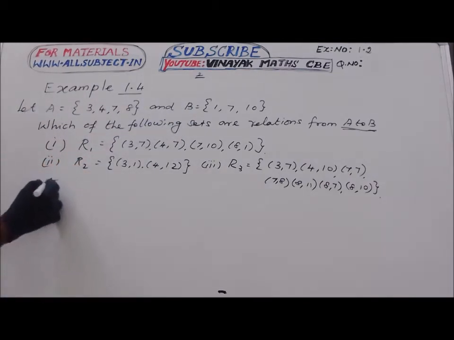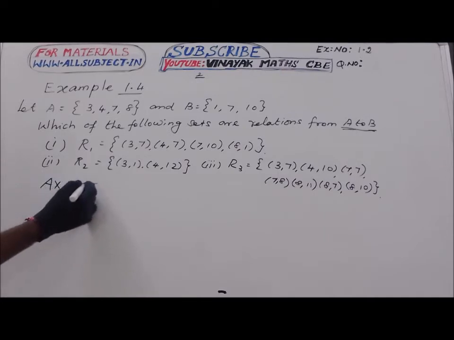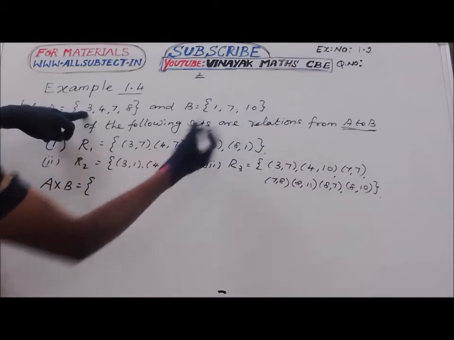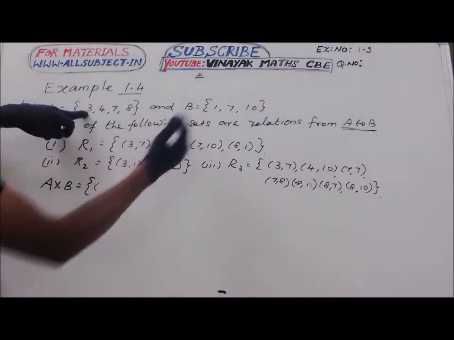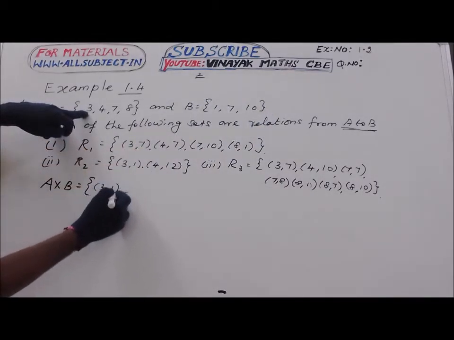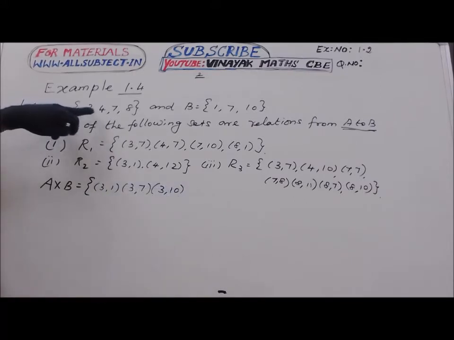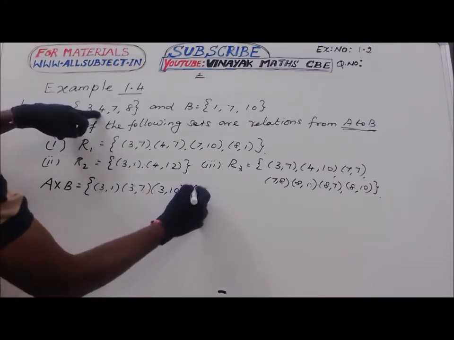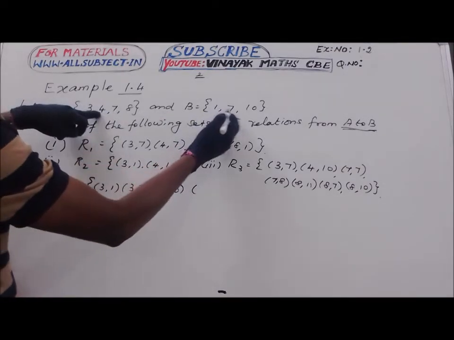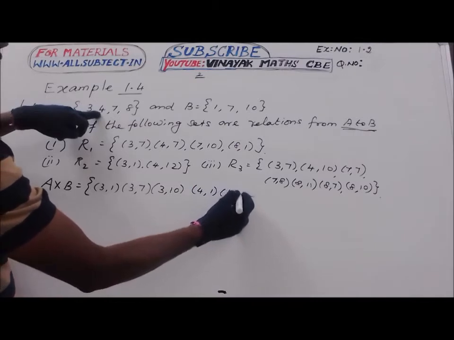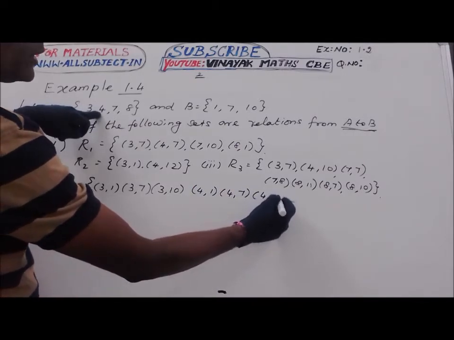A cross B is equal to, by taking 3 with the three numbers in B, (3, 1), (3, 7) and (3, 10). Then using 4 as the first element, (4, 1), (4, 7), (4, 10).